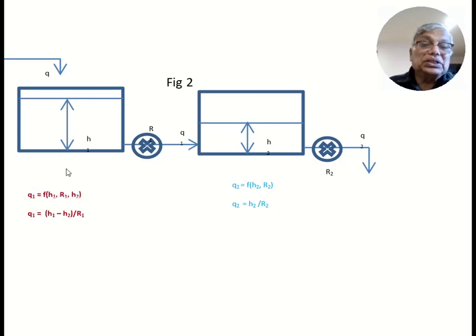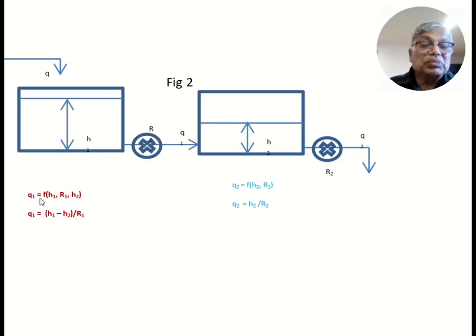Now if you look at the first tank, the outlet flow depends not only on H1, the level in the first tank, but also on the level in the second tank, H2, and of course the resistance R1.